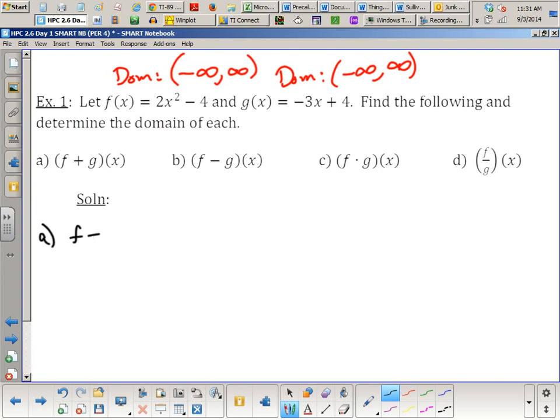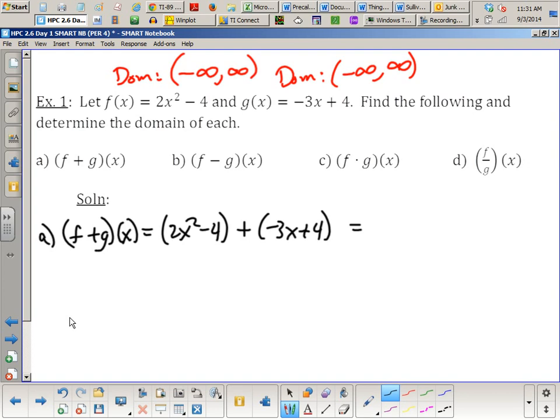Okay, to do f plus g, that means we're going to be adding the function 2x squared minus 4 and negative 3x plus 4. So if we just group our like terms, we notice that these 4's actually cancel out. Okay, the outcome on this problem was it's a parabola.